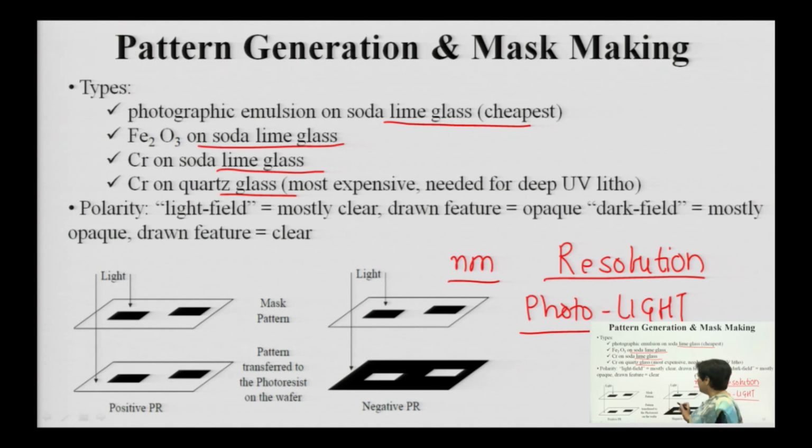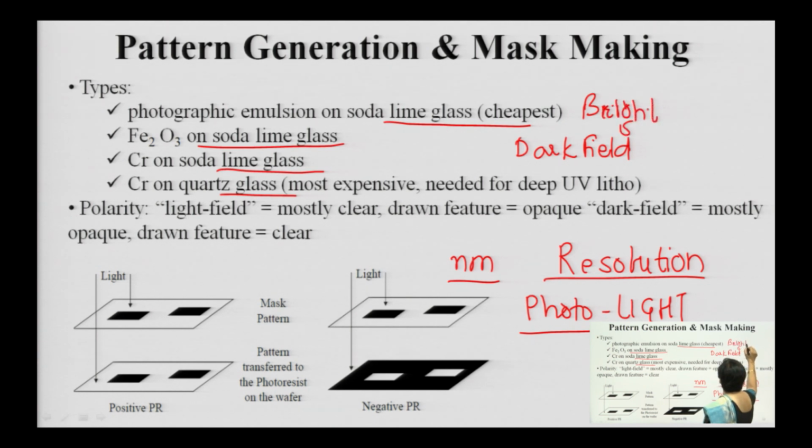You can have two ways: dark field masks or bright field masks. There are two categories. Just like positive and negative photoresist, here also masks can be created either way depending upon the type of photoresist you are going to use.